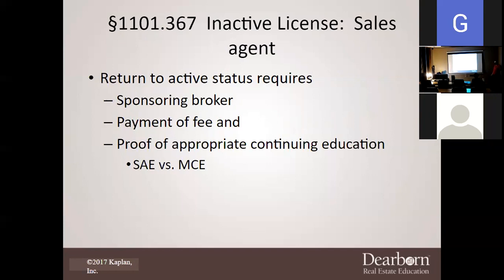It's going to be 98 hours that you have to complete, which means you have to complete 3 30-hour courses in Legal Update 1 and 2. Okay. After you've done your first renewal, you get to do your MCEs, and that's only 18 hours. Okay. And that's Legal Update 1 and 2 and another elective course. Make sense? Okay.